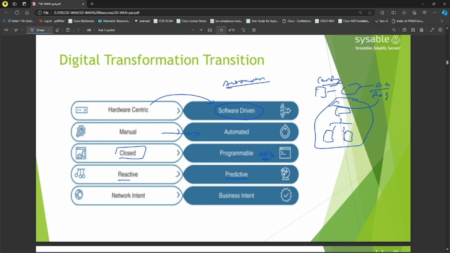From that, we are now moving to the predictive one. Now we know how it will behave when the device is connected. We don't worry about those things nowadays. We worry about how we are using the services, which application is the top application, and how we can improve the user experience.